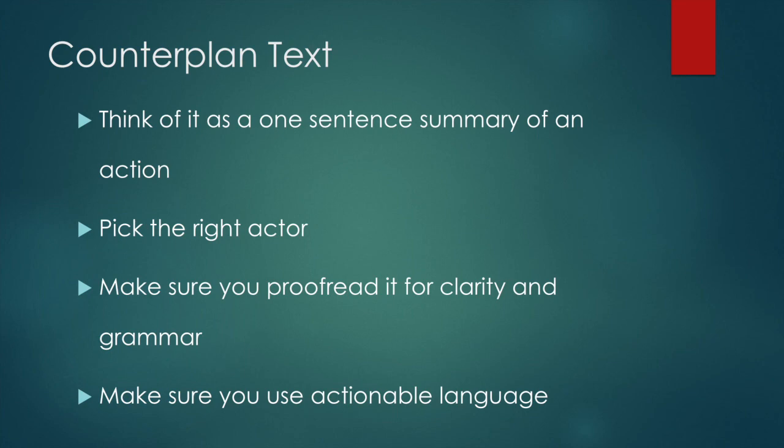Or even if it is a domestic topic, you could just say the 50 states should do the action instead of the federal government. So there's a lot of different actors that are potentially out there, so make sure that you do your research and understand what it is and use the correct one for whatever action you are advocating for in the counterplan.